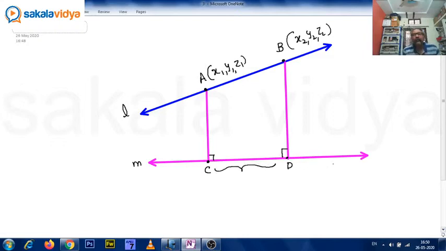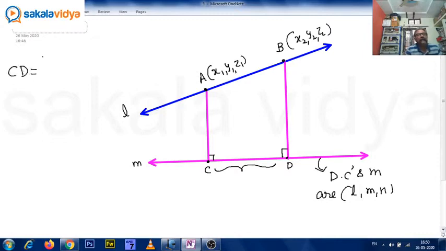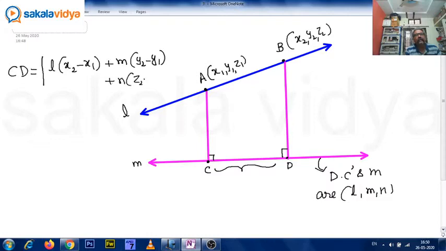For example, if the direction cosines of M are given as l, m, n, then we need to find out this projection CD. The length CD is given by the modulus of l multiplied by x2 minus x1, plus m multiplied by y2 minus y1, plus n multiplied by z2 minus z1.